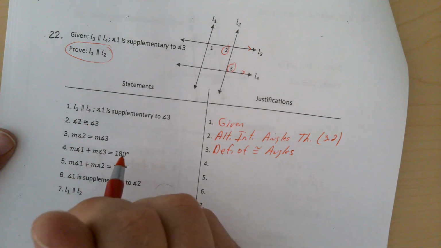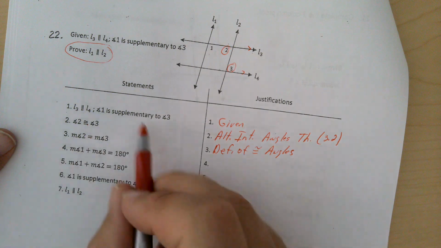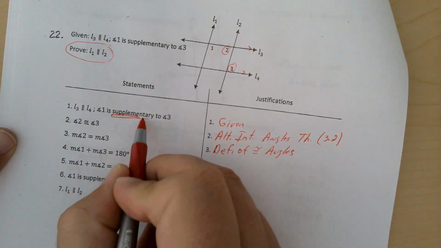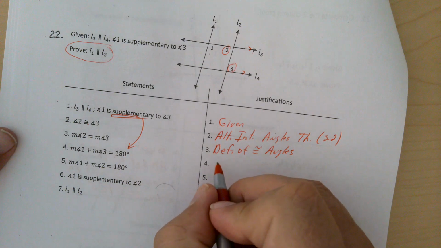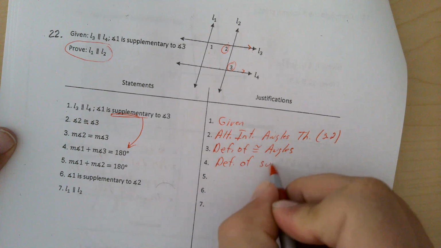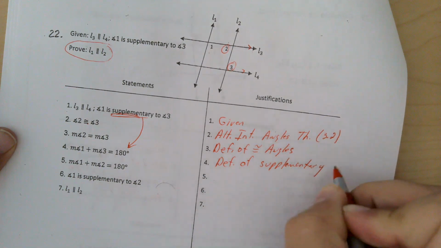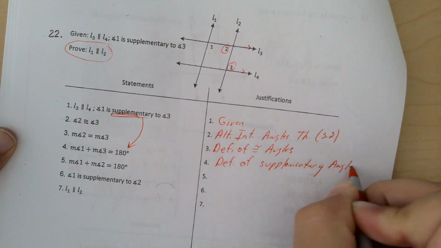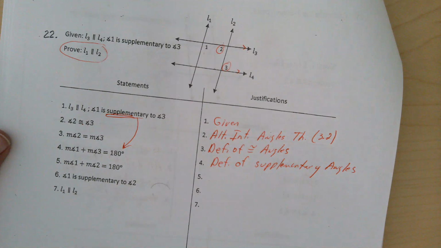So by definition, I can say that 1 plus 3 has to be 180 because we're told they're supplementary. We read supplementary. We know it has to add up to 180. So that's another definition of supplementary angles.